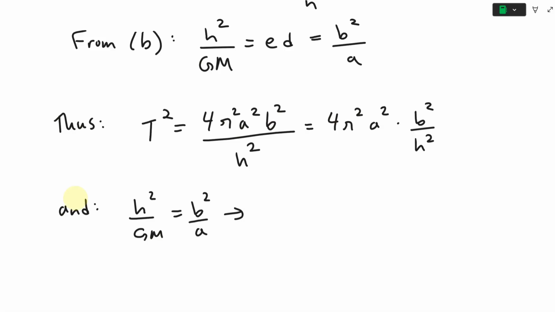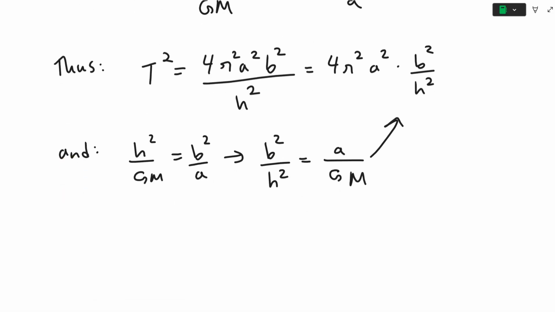What we get is A B squared over H squared equals A over GM. Again, just basic algebra. And then we can throw this inside there.